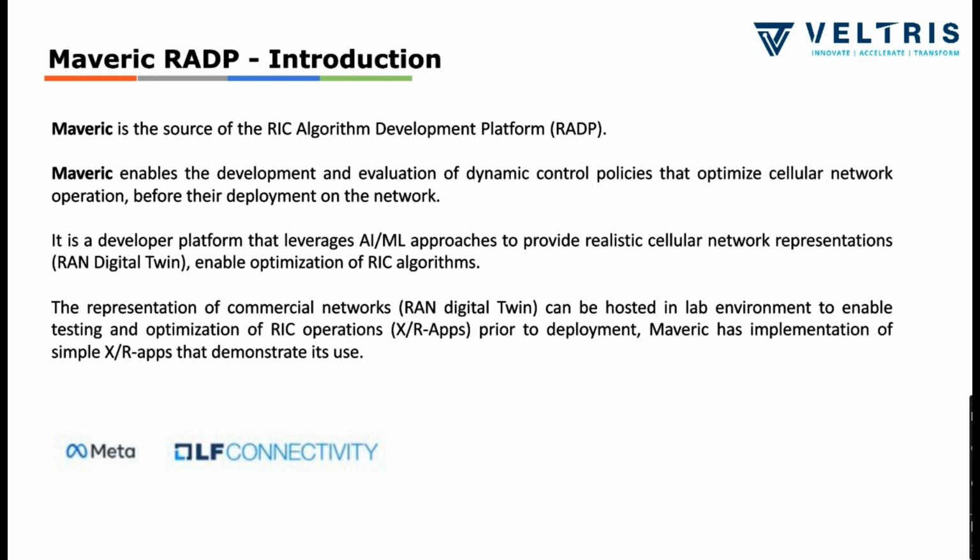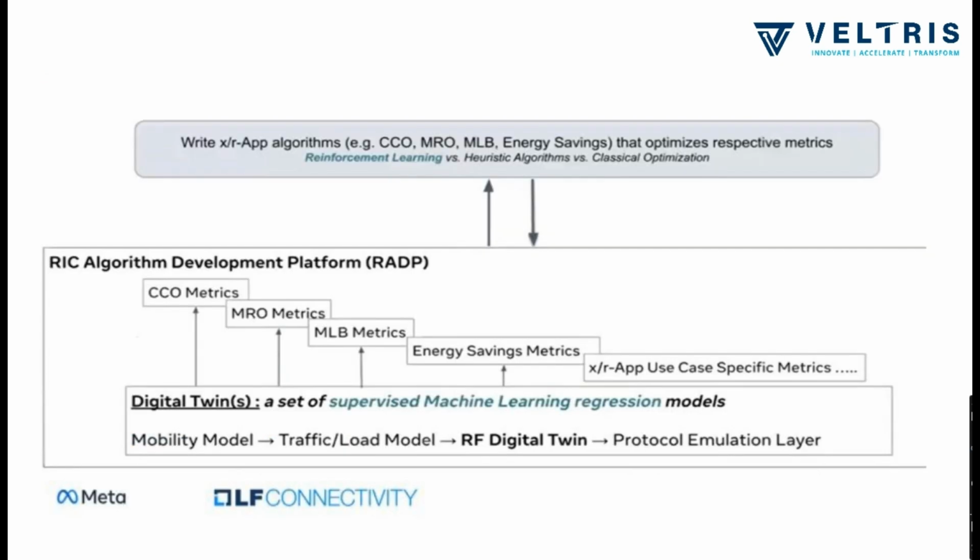Let us now look into the architecture of RIC Algorithm Development Platform. Here, the important module is the digital twin or digital twins. This is a machine learning supervised regression learning model.